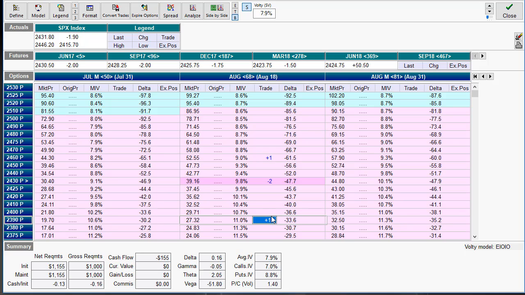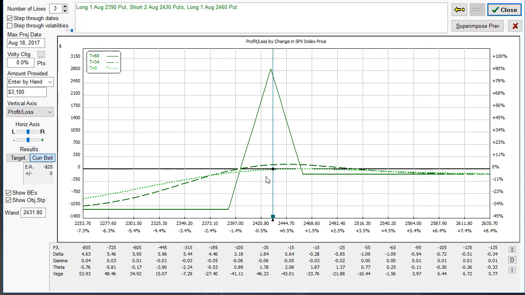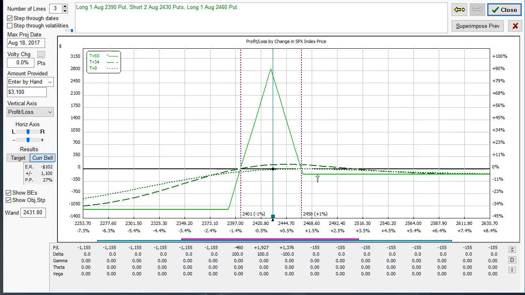So we just widen this out by 1 strike, and what did that do? That gave you a much flatter T+0 line. It reduced your risk to the upside by more than half, but it added risk to the downside, 3 times as much risk. Now, you can say, well, that's not good, right?